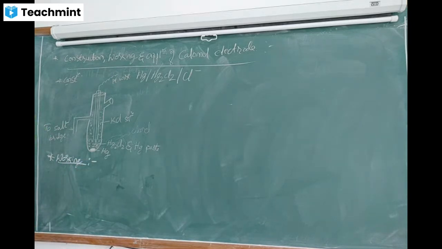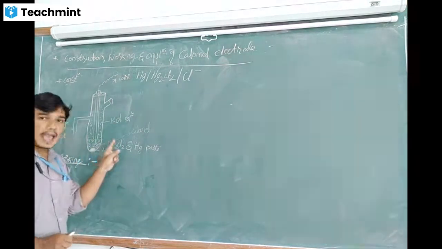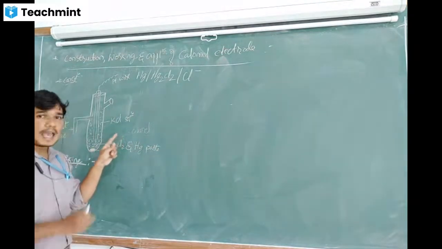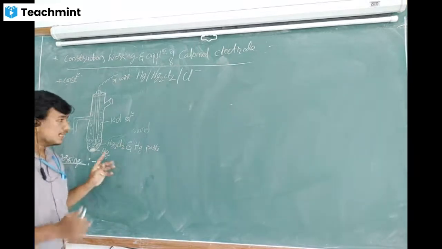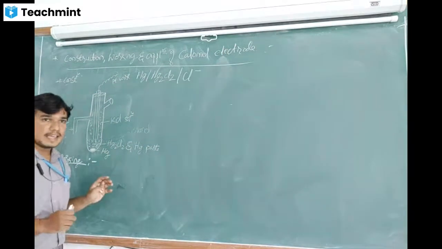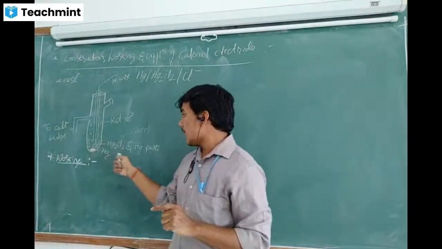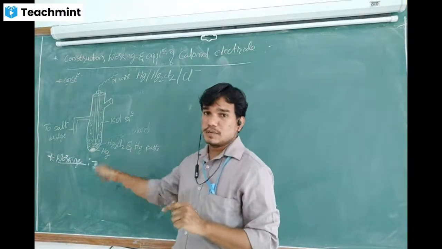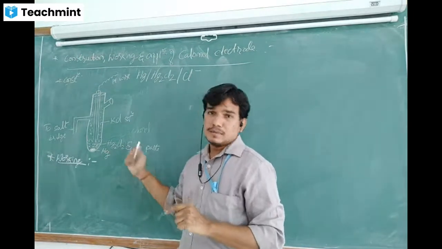So the calomel electrode acts as either anode or cathode, depending on the other electrode present in the cell. If I want to take zinc, we have to compare this mercury and zinc. Which one will act as anode, which one will act as cathode.